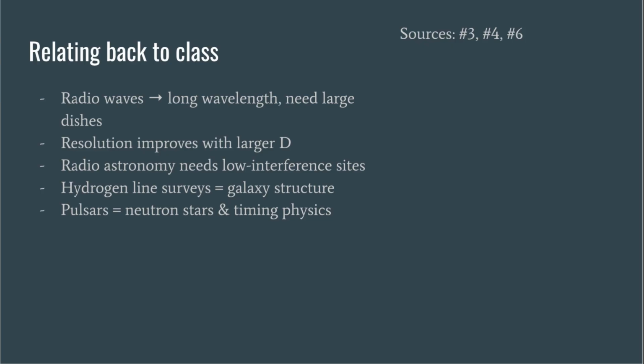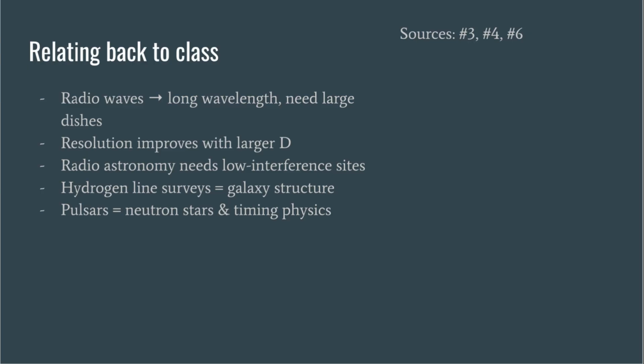So these scientific goals line up with concepts we've already been discussing and covering in class. Radio telescopes work at long wavelengths, so you need a massive dish for sensitivity and resolution. Radio astronomy also depends heavily on reducing interference, which explains why FAST needed such a remote location.